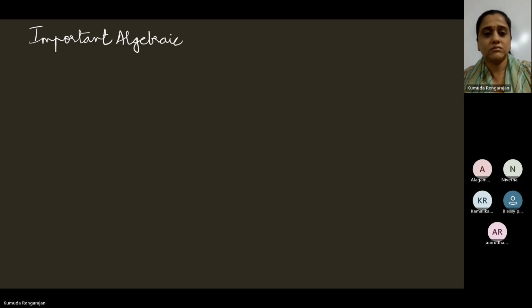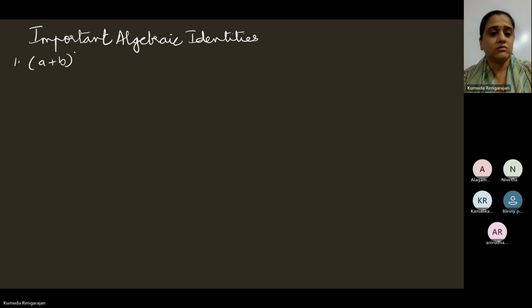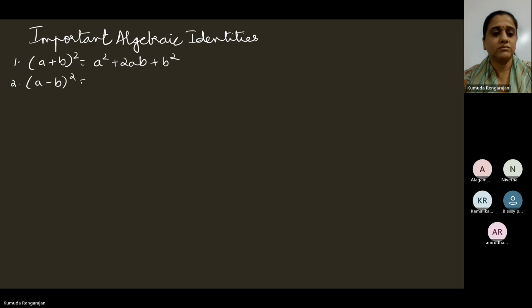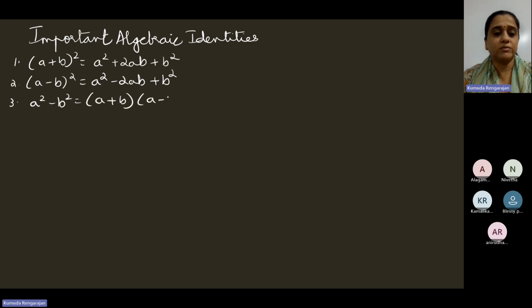This one is very familiar. This one is also very familiar. Also this one, a square minus b square is a plus b into a minus b.